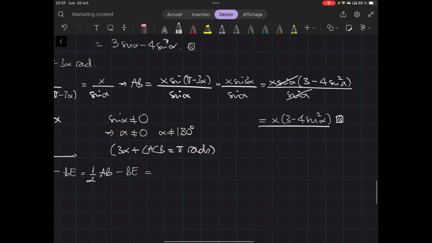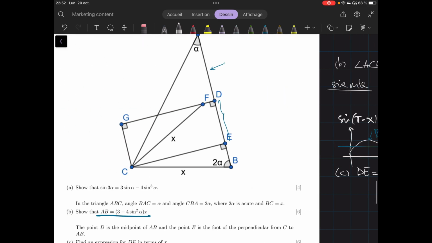AB is equal to this expression over here. So a half of AB, that's a half of x times 3 minus 4 sine squared alpha. BE is equal to x times cos of 2 alpha.